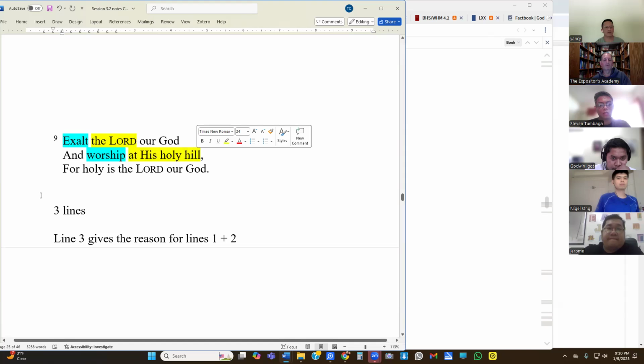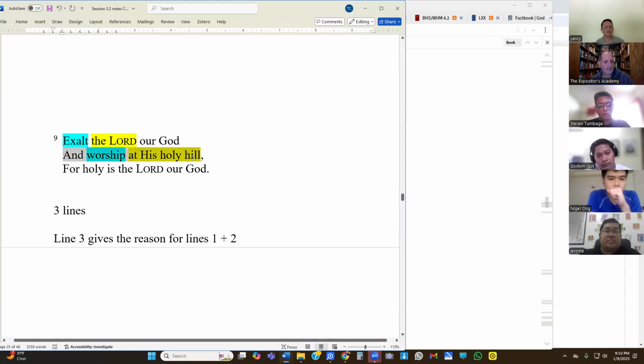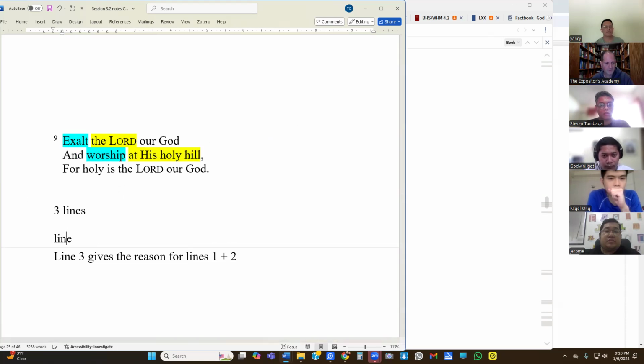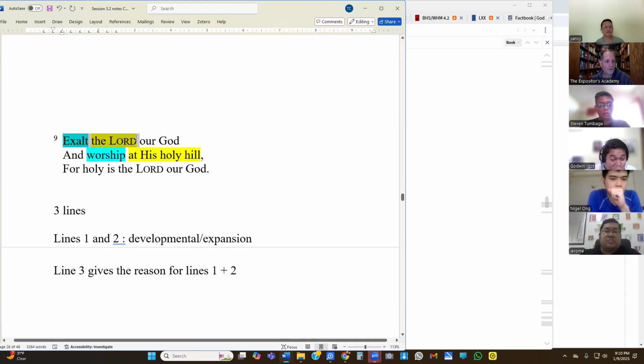So remember before that we already did this with verse 5. This is almost exactly the same as verse 5. Lines 1 and 2 are developmental expansion, right? The first line says who to worship. The second line says where.